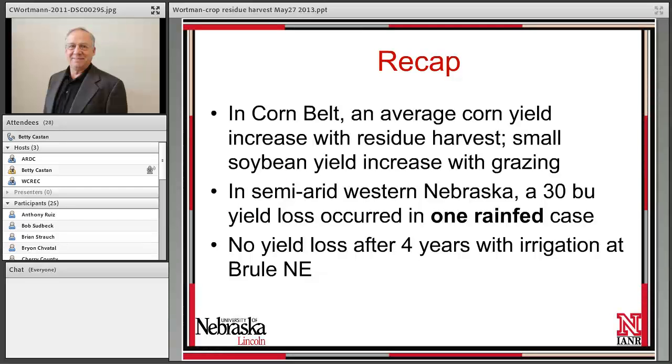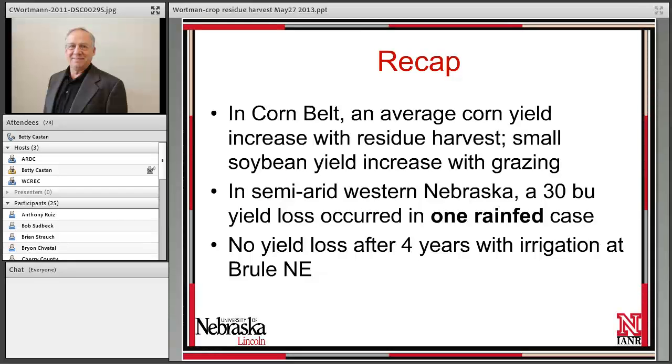In the Corn Belt, on average, looking at a large number of sites, there's been an increase in yield with residue removal. And from the ARDC study, we saw a small increase in soybean yield following grazing of corn stalks.